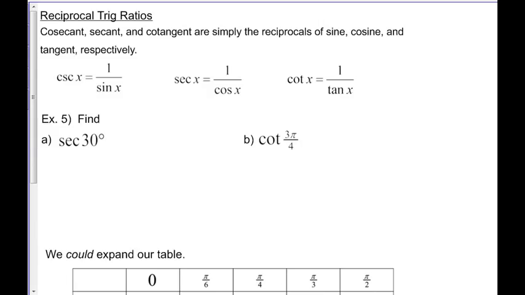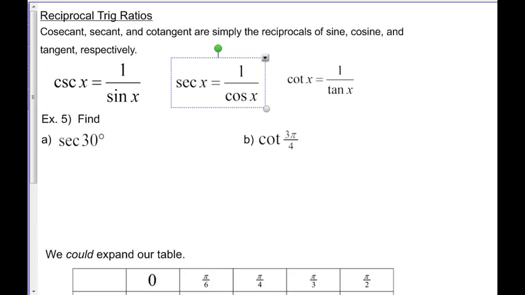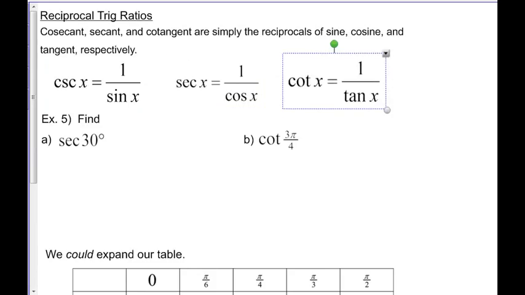Reciprocal trig ratios. So cosecant, secant, and cotangent have these definitions. They're just the reciprocals of sine, cosine, and tangent, respectively. So if I wanted to find the secant of 30 degrees, that's the same as 1 over the cosine of 30 degrees.